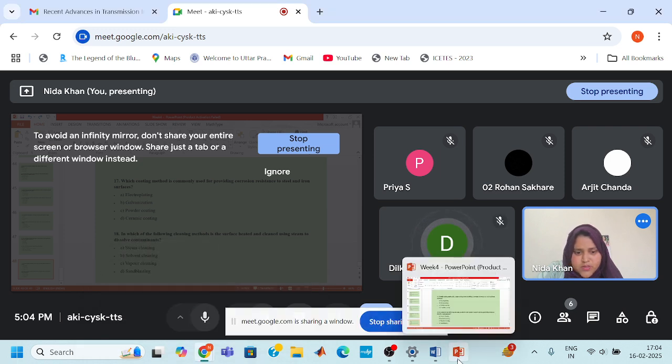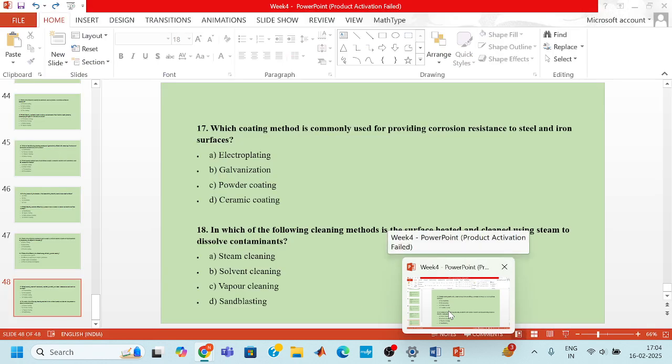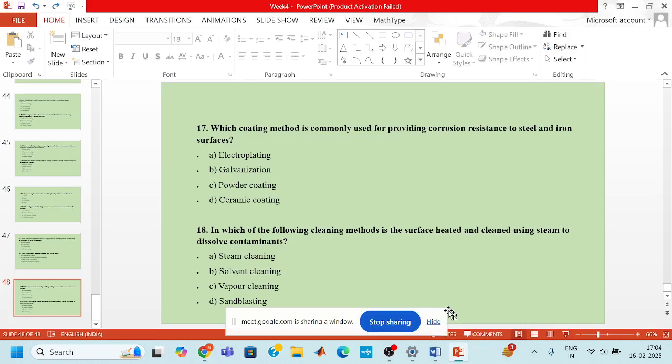Okay. Anyone else? Priya, Rohan, Arjit. Anyone? Powder coating. Galvanization. Okay, the correct option is galvanization. This coating method is commonly used for providing corrosion resistance to steel and iron surfaces.